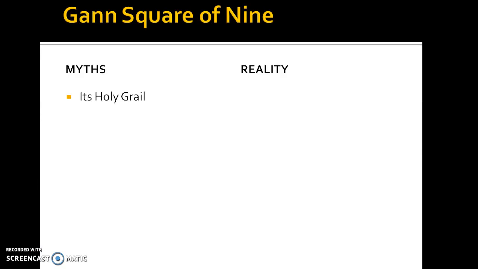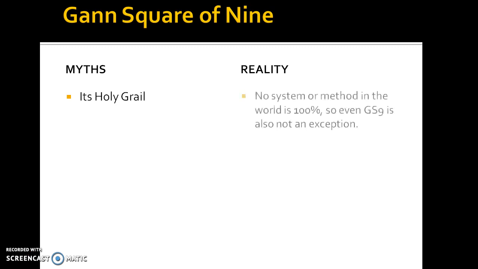As I mentioned, if somebody is looking for some holy grail, the reality is no system or method in the world is 100%. Even Gann Square of 9 is not an exception to that. By directional view, I mean that it will not tell you whether to buy or sell any particular stock or security.